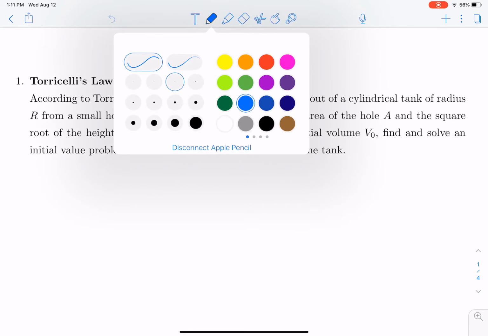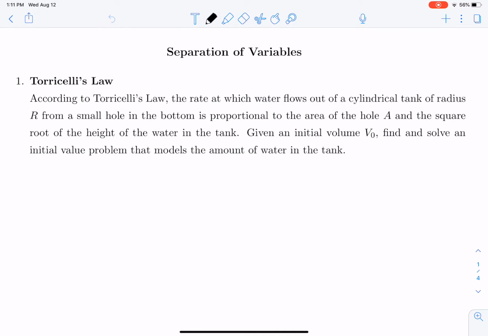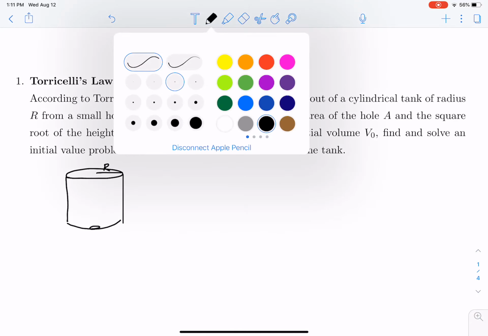So what I want to do is draw a tank that's a cylindrical tank, and it's going to have a radius r. And I'm going to imagine that there's a small hole in the bottom of this tank and that there's water flowing out of that hole.